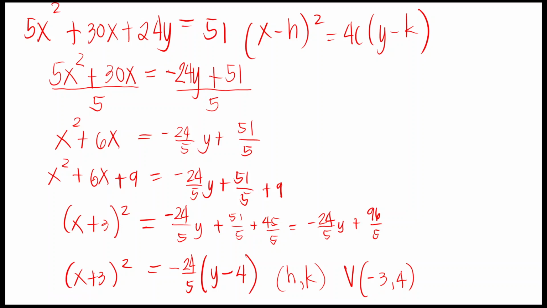Again, we inverse the sign. We inverse the x plus 3, so it becomes negative, and then for y minus 4, the k that you get there becomes positive. Because in the standard equation, it is really minus that is there.